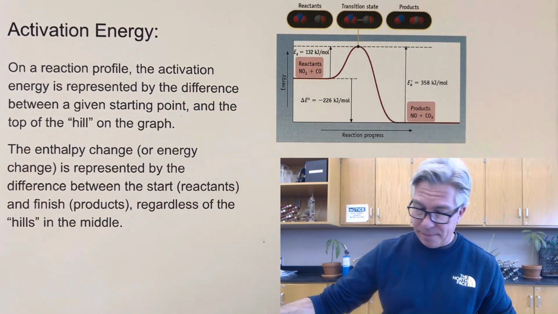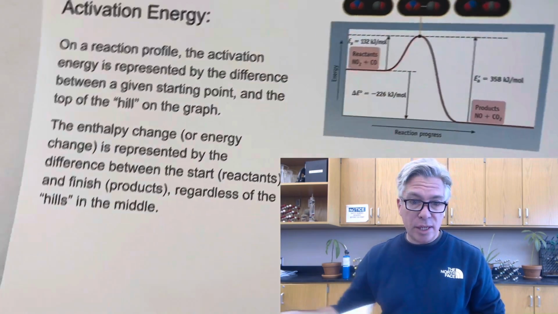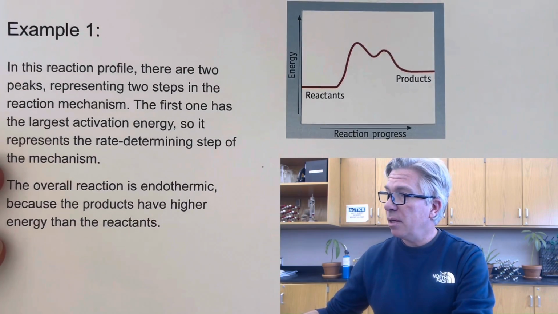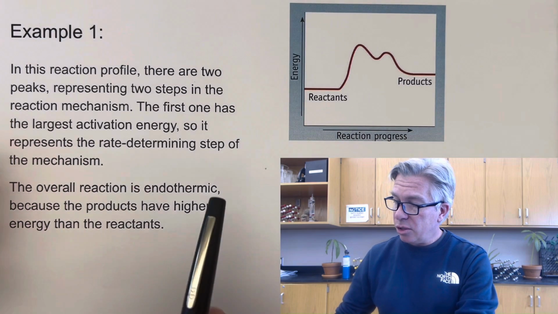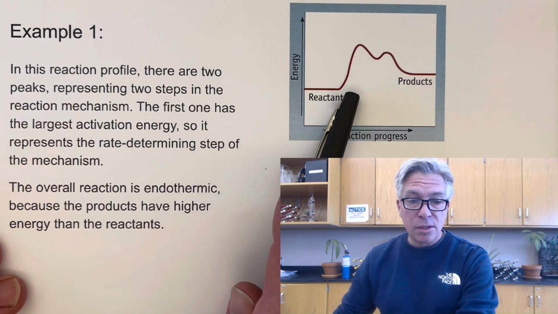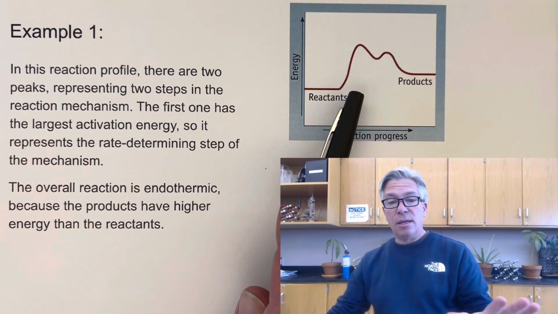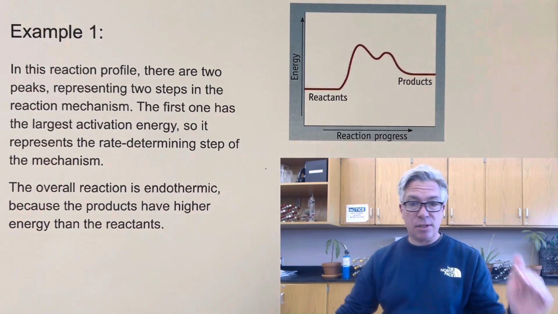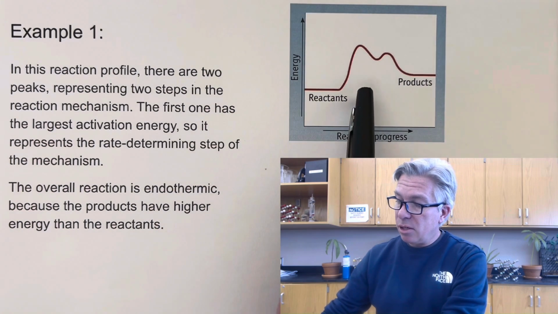Okay, so I'm going to show you a couple other quick examples before we have a couple of pause the video moments. In this example, there are 2 peaks, and they represent 2 steps in the reaction mechanism. You may have learned about reaction mechanisms already, that reactions sometimes happen in many steps. In this case, there are 2 of them.